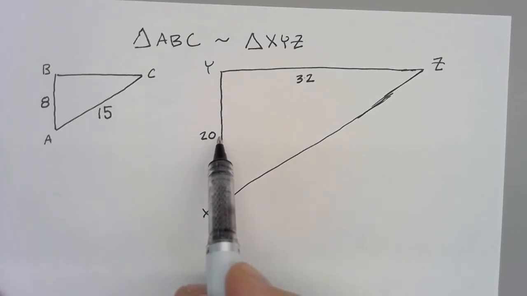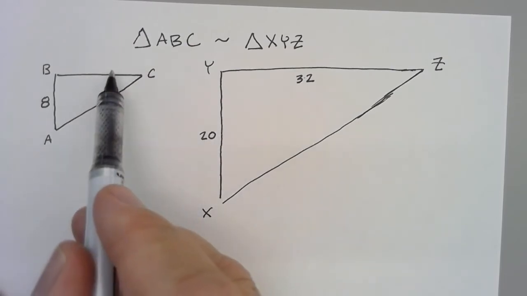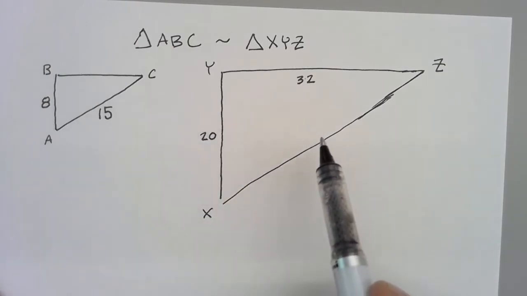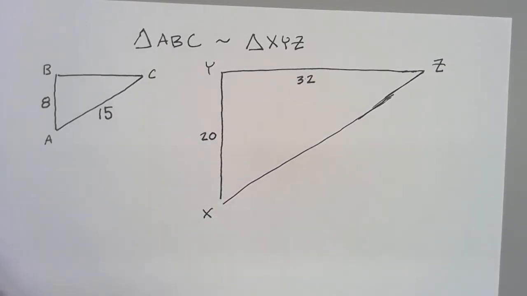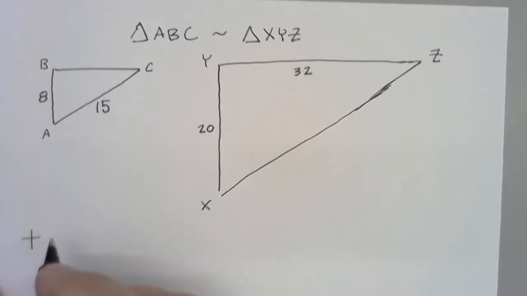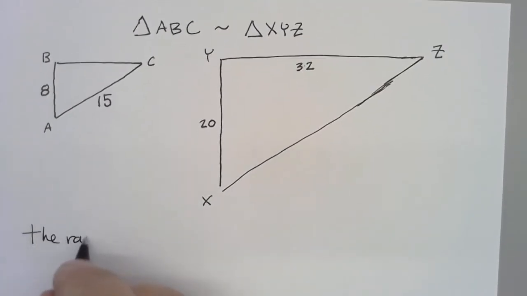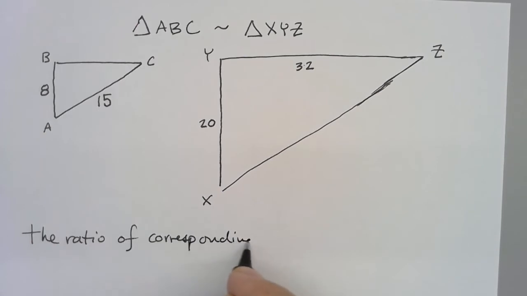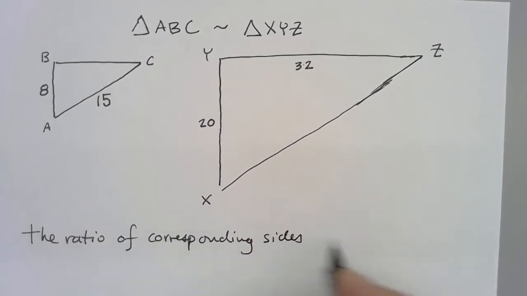AB to XY is the same as BC to YZ, is the same as AC to XZ. That's what I mean when I say corresponding sides are proportional. The ratio of corresponding sides is always the same.